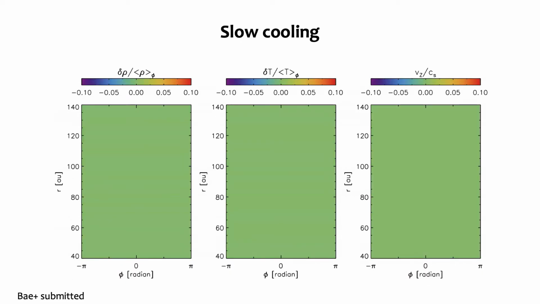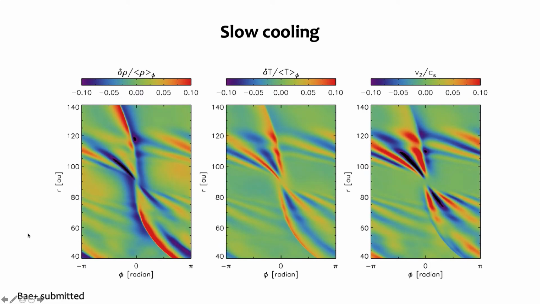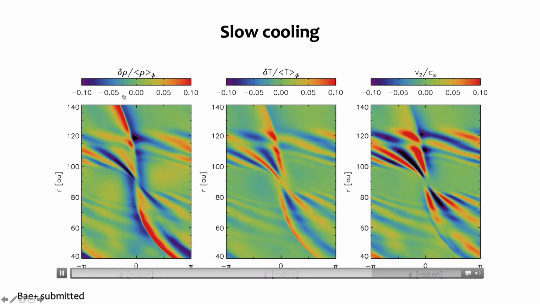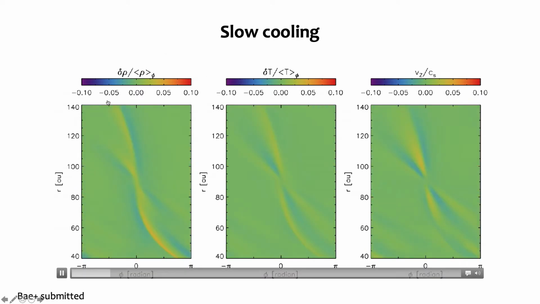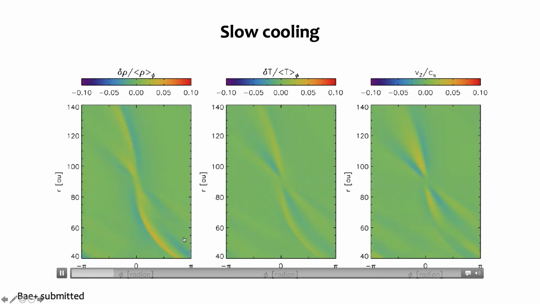And there's a secondary Lindblad spiral here, this one. Now, moving to the slow cooling model, I will run this one. And you can see that there are the spirals driven by the Lindblad resonance, this outer one here, and the inner one here, and the secondary here.